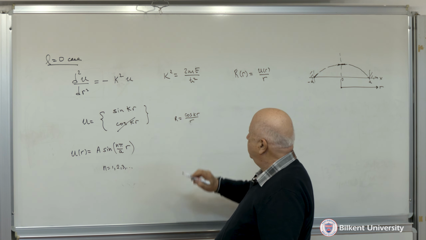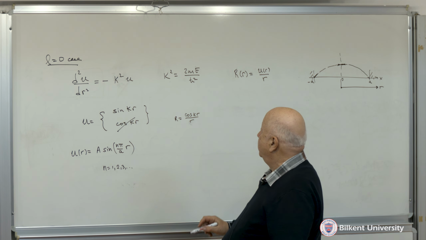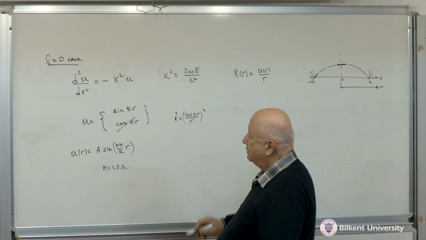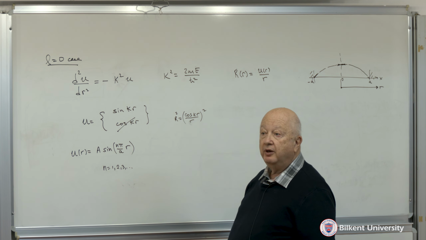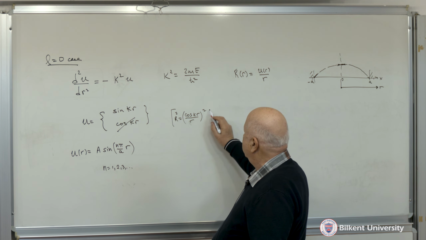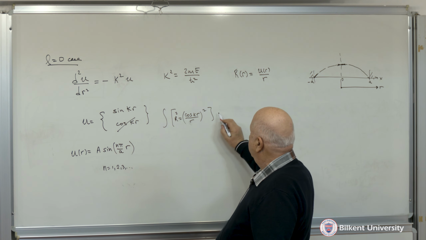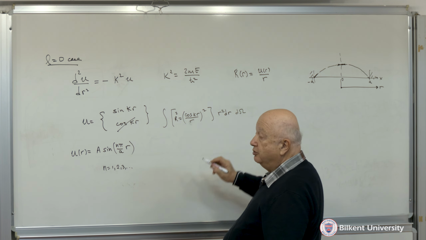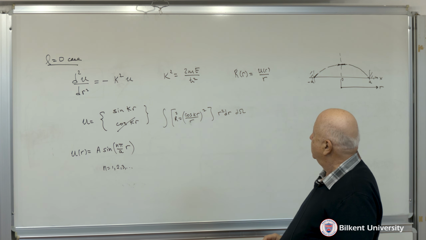If you look at the wave function squared and want to normalize it, obviously you have to multiply by r squared dr and the angular integral.